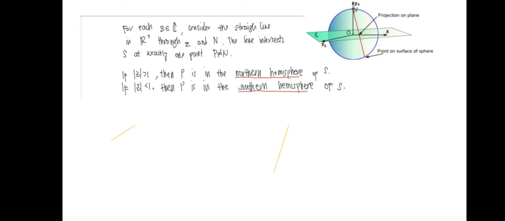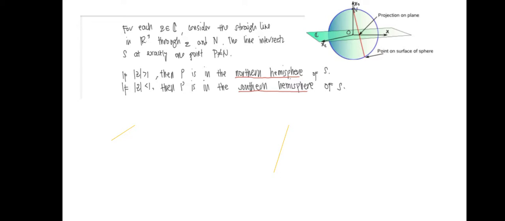This red line we can call our projection onto the plane, and the point on the sphere is a point on the surface of the sphere.